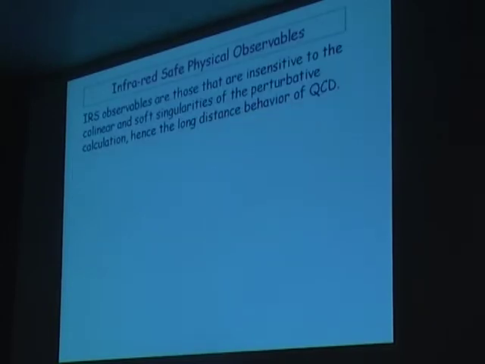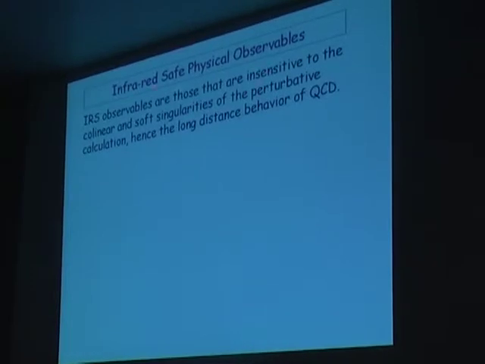As I already mentioned in the last lecture, the first way to deal with that is to realize that there are physical variables which are insensitive to the long-distance behavior of the theory. If a variable is insensitive to the long-distance behavior, then it won't be bothered by these singularities. In other words, as we'll see, these singularities will cancel, leaving you with results which are finite, make sense, and can be compared with experiments.